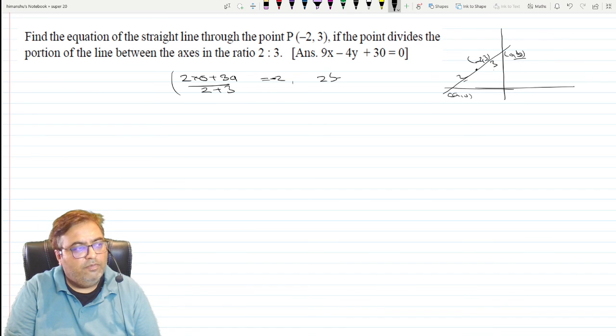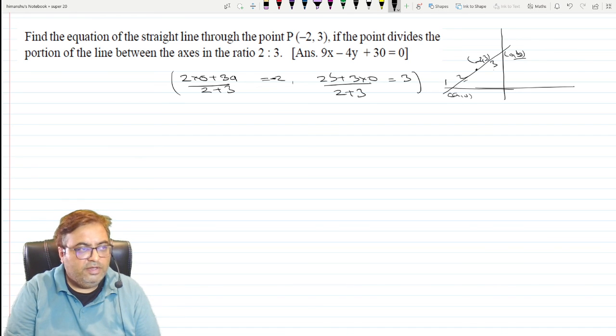And twice of b plus thrice of 0 divided by 2 plus 3 should be equals to 3. Okay, as per the given condition. It is given that if this is AB, then this point P divides AB in the ratio 2:3.